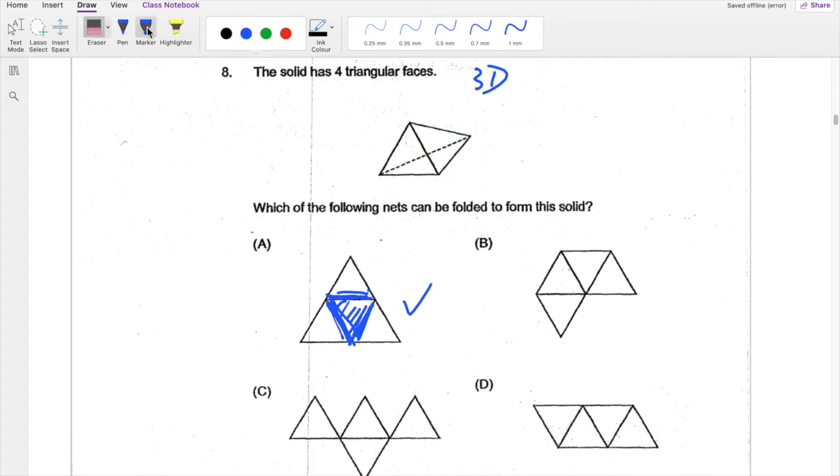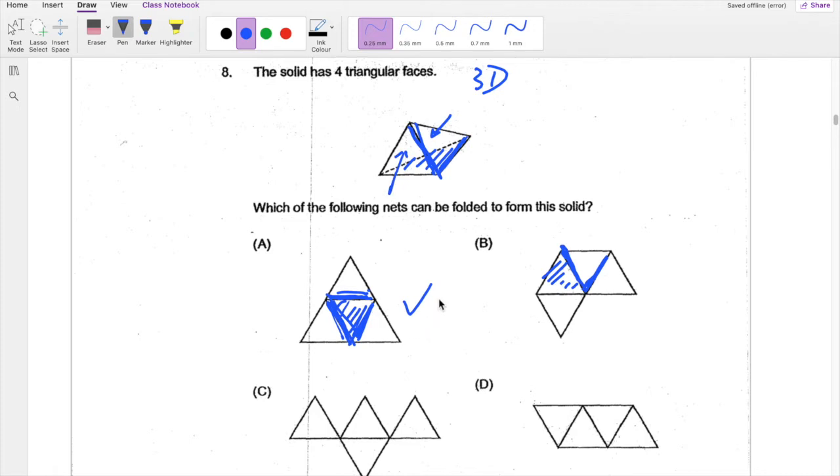Let's see this shape. If we consider this one as a base, this edge is this edge, so this triangle would be the triangle at the right side. Then for this line, if you fold it, this triangle would be somewhere on the left side.